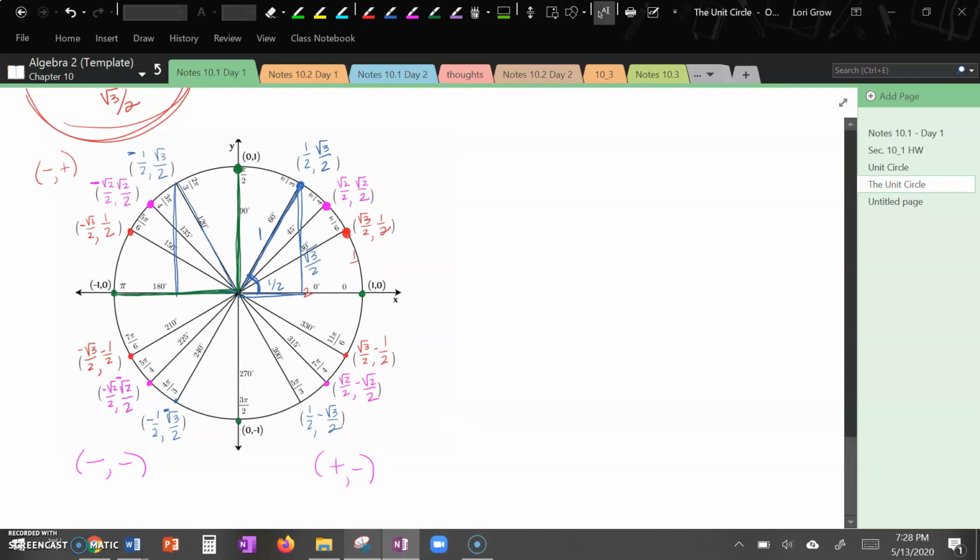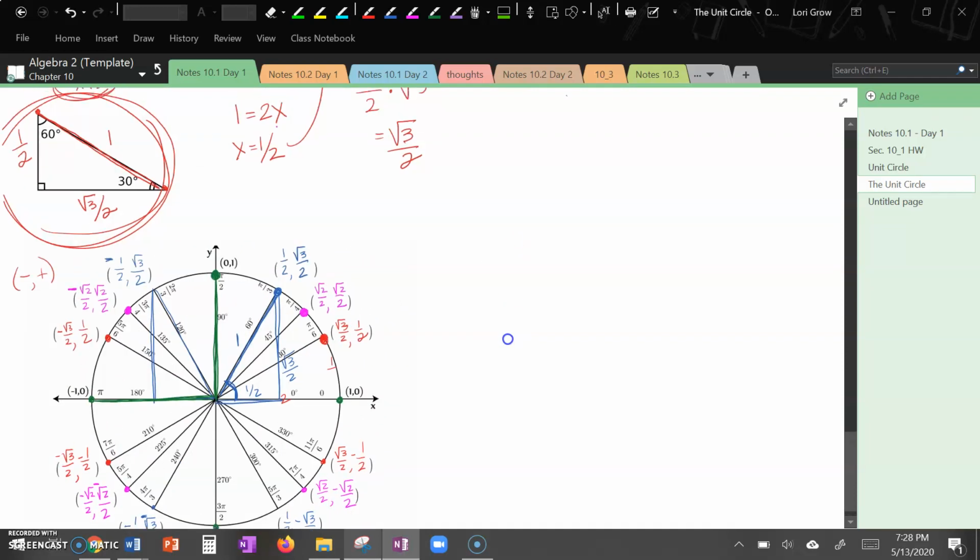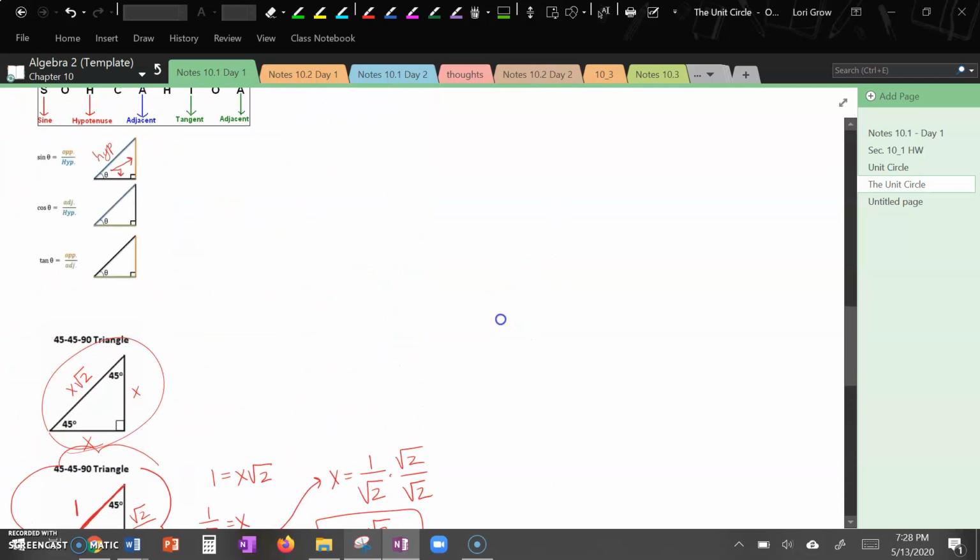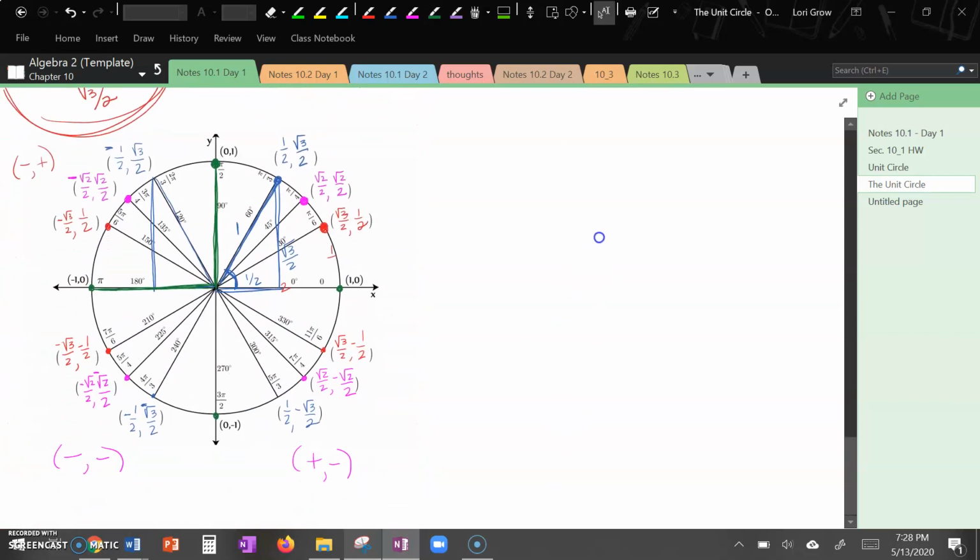All right, finally, the last thing that you need to know on here has to do with SOH CAH TOA. Remember that the sine of an angle is always the opposite over the hypotenuse. If you look back at the 60-degree angle that I have drawn right here, and I was going to talk about the sine of this angle, the sine of 60 degrees, the opposite side is root 3 over 2, and the hypotenuse is 1.